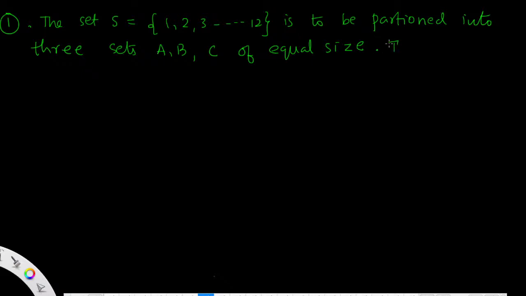Thus, A union B union C equals S, and A intersection B equals B intersection C equals C intersection A equals the null set.